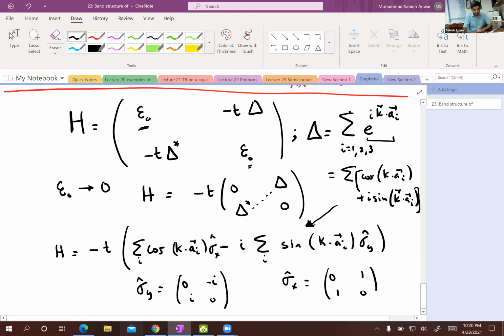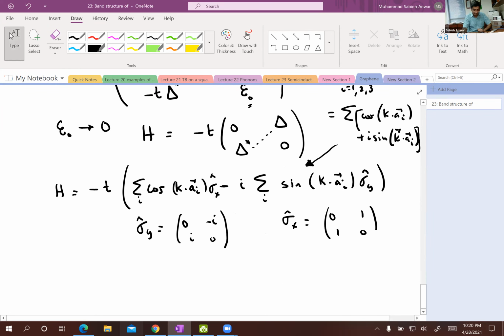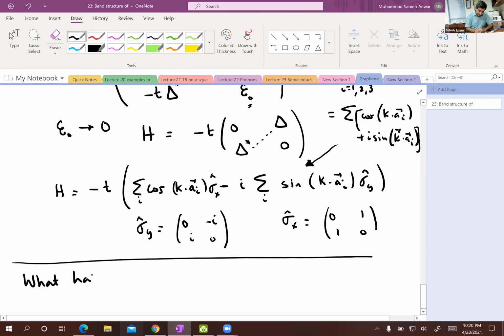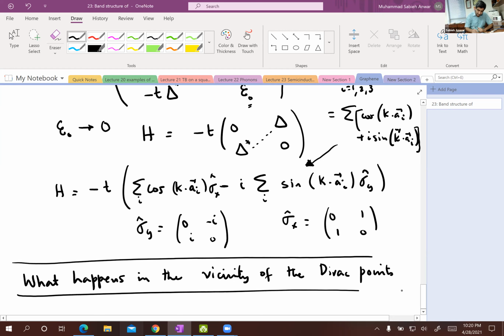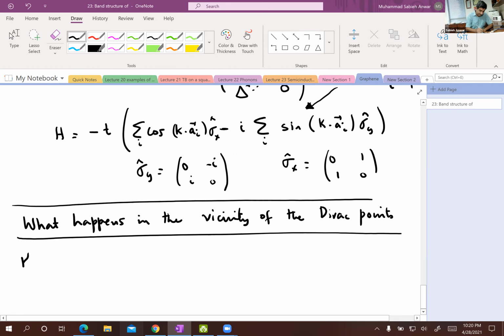And I can readily find out the eigenfunctions and of course the eigenvalues as well. So is this all making sense? Now what we would like to see is what happens in the vicinity of the Dirac points. So suppose I take the capital K point.